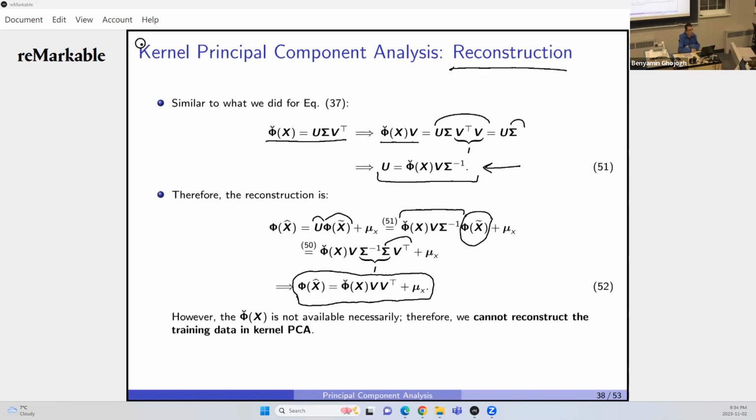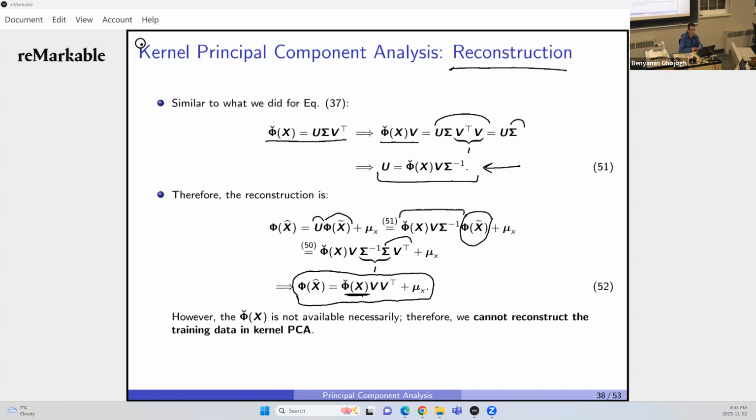Can I calculate this? Guys, can I calculate equation 52? No. Because of this phi breve X, which is a pain in the neck, I don't have it necessarily. Do I have phi breve X necessarily? No. For a linear kernel, I have it.